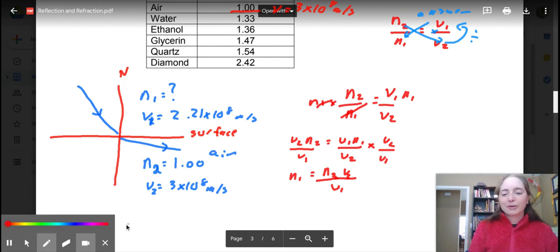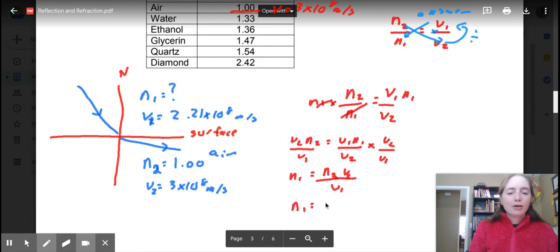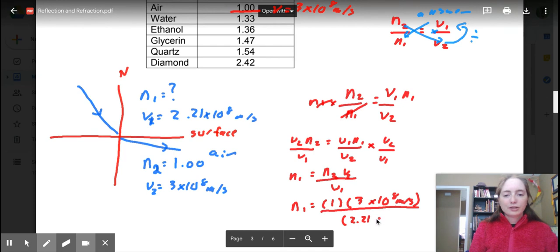Okay, so ladies and gentlemen, I'm going to go back to my equation here and plug my numbers in. So my n2 is 1. My v2 is 3 times 10 to the power of 8 meters per second. And I am going to divide this by my v1, which is 2.21 times 10 to the power of 8 meters per second. Now, back to unit analysis here, ladies and gentlemen. Notice these two meters per second cancel.